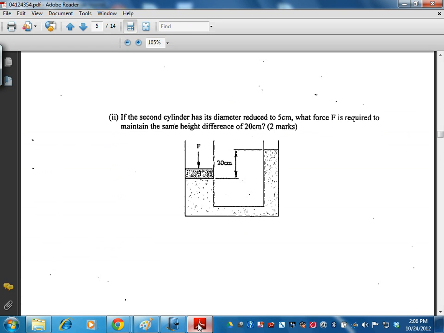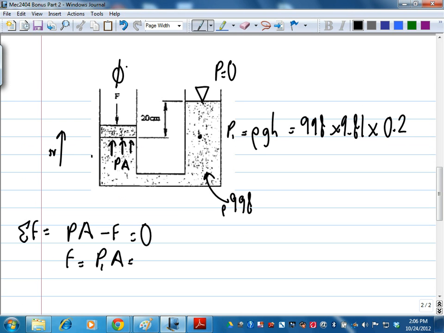Did they say? 10 cm. F is equal to 998 times 9.81 times 0.2 times pi times 0.1 squared over 4. What's the answer?